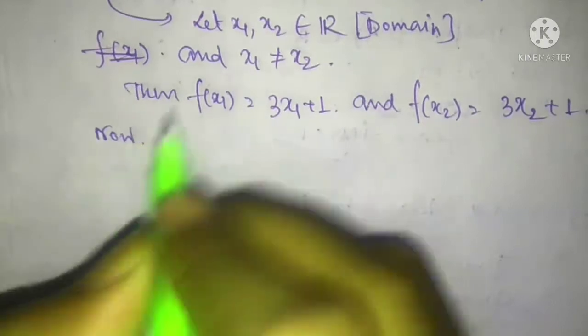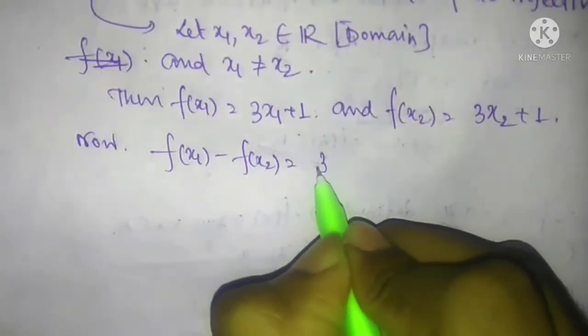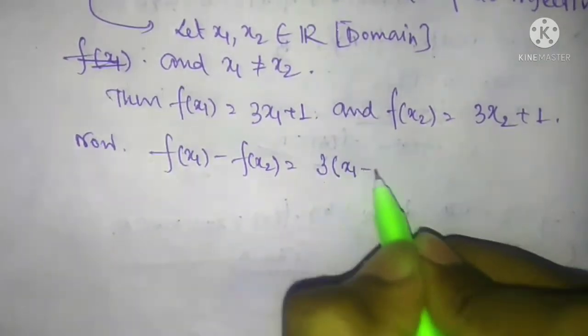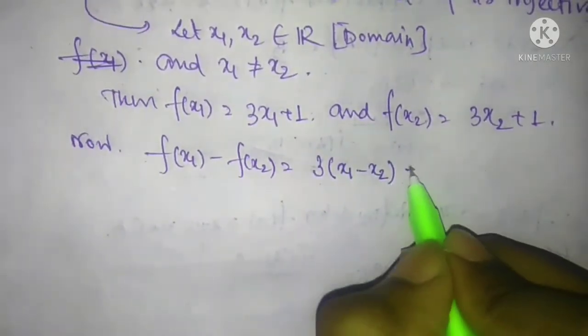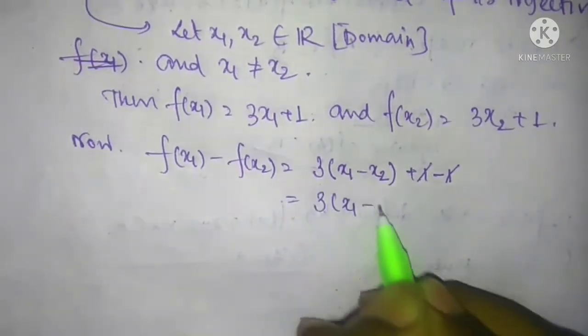So f of x1 minus f of x2 equals 3 times (x1 minus x2) plus 1 minus 1, so 3 times (x1 minus x2).